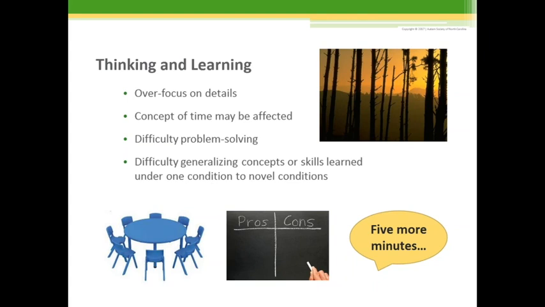And we also see that some individuals with autism certainly struggle to generalize concepts or skills learned under one condition and apply those to new conditions. And again, this can take a wide variety of different forms. And so as one example of this that I like to use, because it's a real example from my own experience, I was working with an individual with autism on the concept of personal space and the skills that comprise using appropriate personal space when interacting with other people.